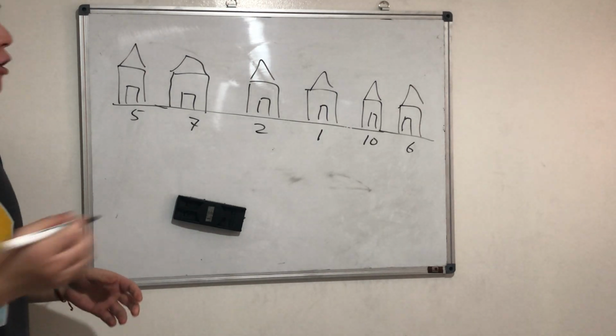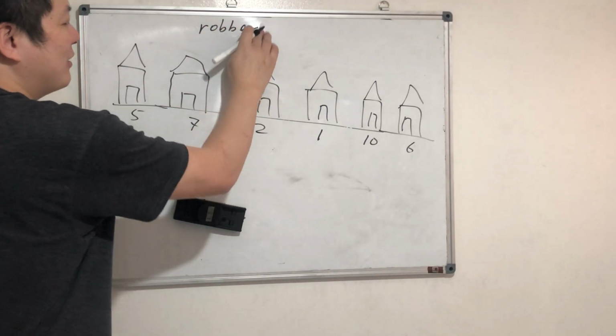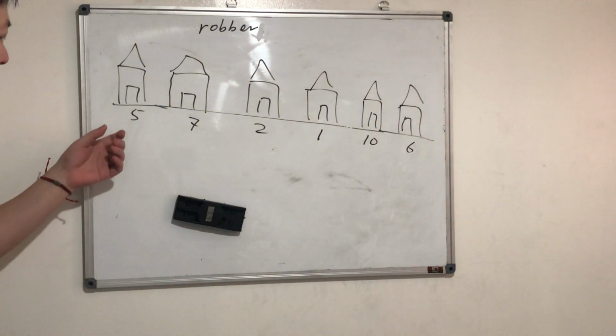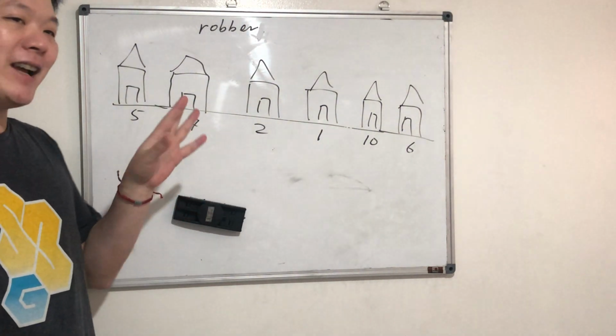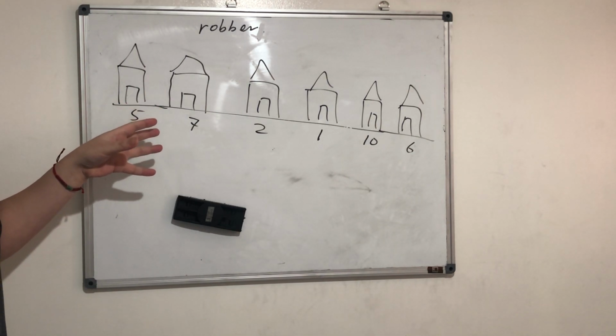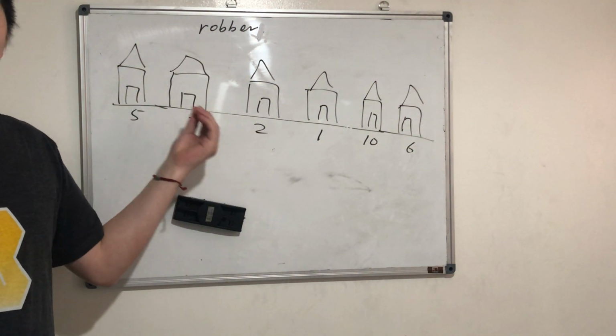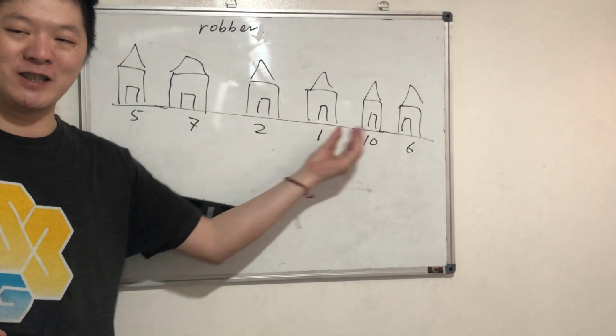Suppose a robber, you know the robber? A robber, which is a bad guy. And one night, a very quiet night, he or she decides to rob the goods in the houses on this street.